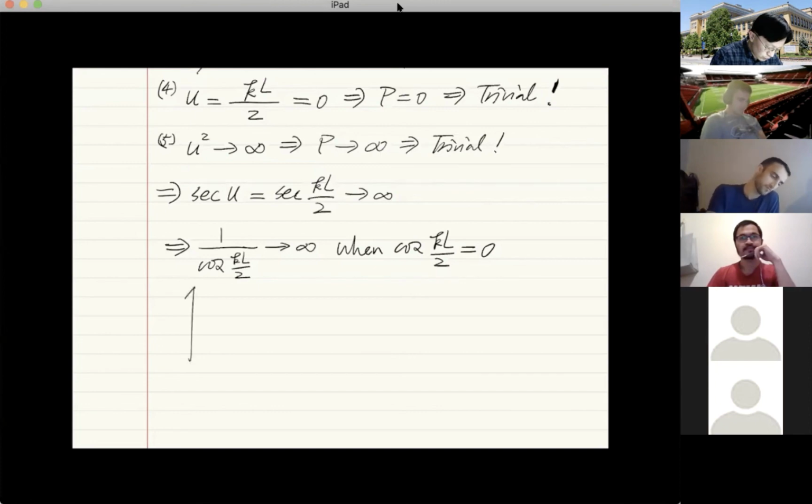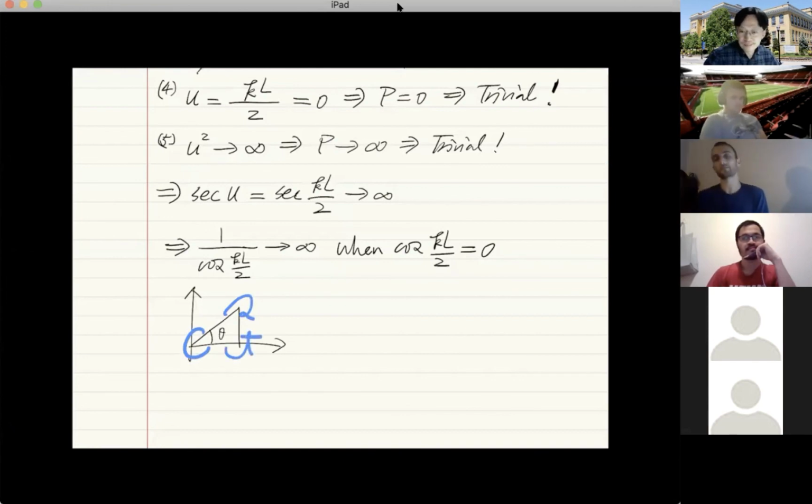Just draw a diagram and remind yourself that there's a triangle like this. What's your cosine? Cosine is the ratio of this. What's the sine? This is the ratio of sine. What's tangent? Tangent is these two. So what makes cosine to be 0 is when this leg becomes vertical. That's cosine to be 0, which means it's pi over 2.